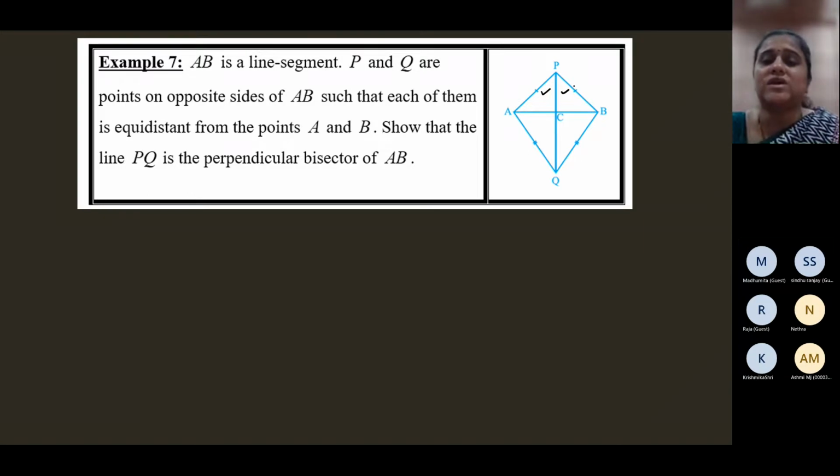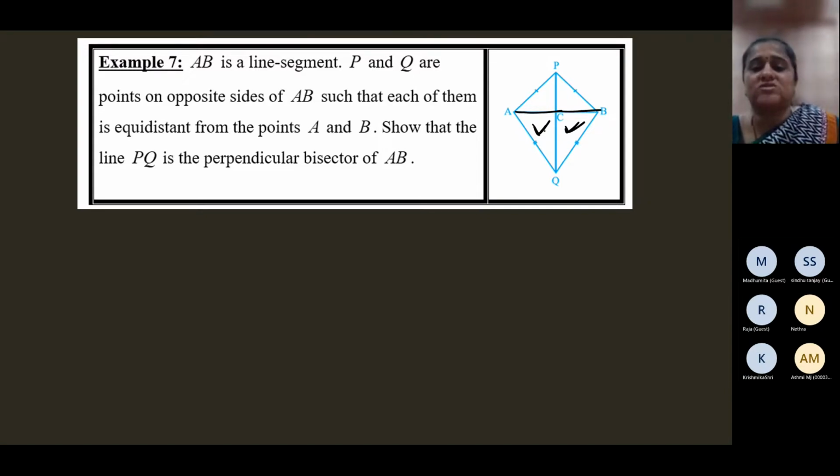See, normally what do we understand? Wherever we have to show that AC is equal to BC, AC is of this triangle, and BC is of this triangle. And then you'll have to prove this is 90. So clearly you can take up these two triangles and show that they are congruent to each other. And by CPCTC, you will get AC is equal to BC. Or you can take up these two triangles, because AC is in this triangle, BC is in this triangle.